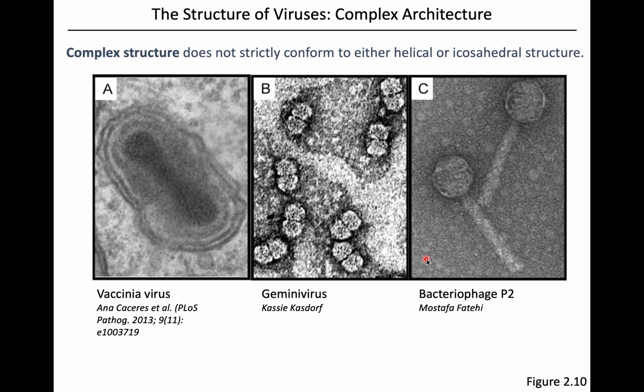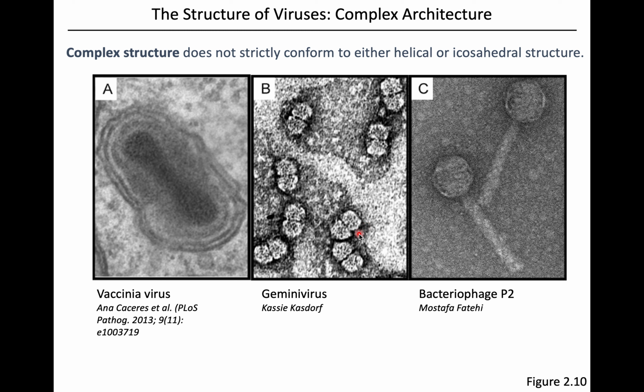Okay, so we had helical virus structure, we had icosahedral, and then the third category was complex, which, as I said, is basically everything else that's not helical or icosahedral. A few interesting examples here: vaccinia virus, which is related to smallpox. In fact, most of the research that was done trying to understand smallpox was actually done on vaccinia virus. It has an interesting dumbbell-shaped capsid you can see here on this electron micrograph on the interior.